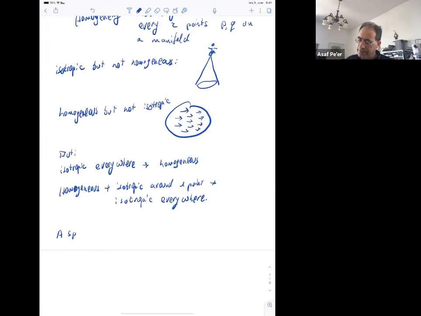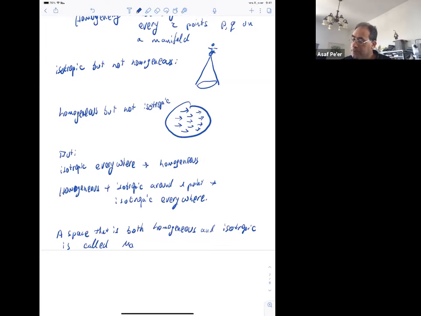A space that is homogeneous and isotropic is called maximally symmetric. A maximally symmetric space.